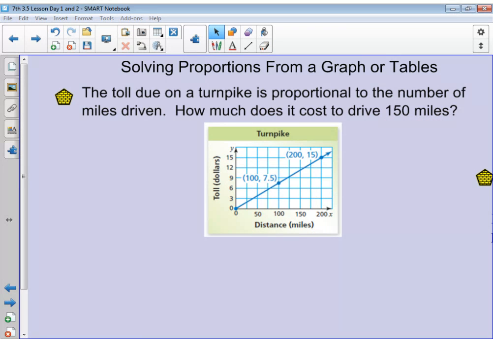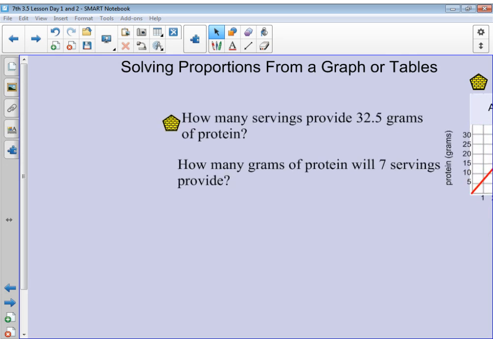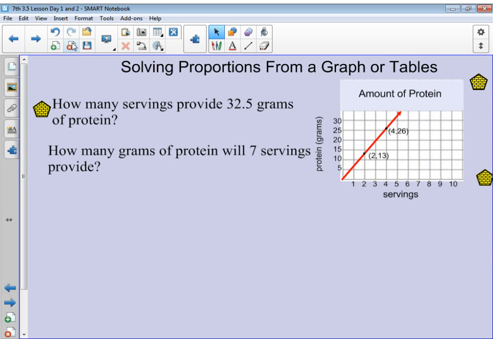All right, so let's try another one here. Okay, so we'll shrink that down out of the way. It says, how many servings provide 32.5 grams of protein? So once again, understanding how to read our graph. It doesn't matter which of these I choose, I'm going to go ahead and choose this one.